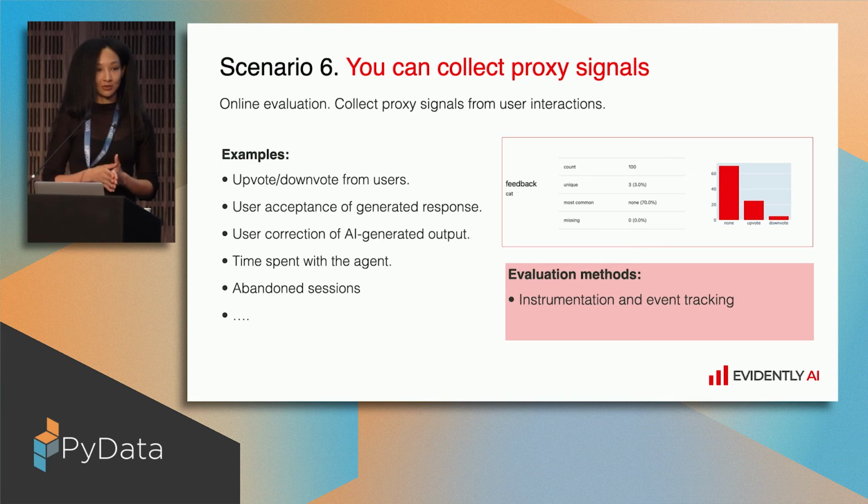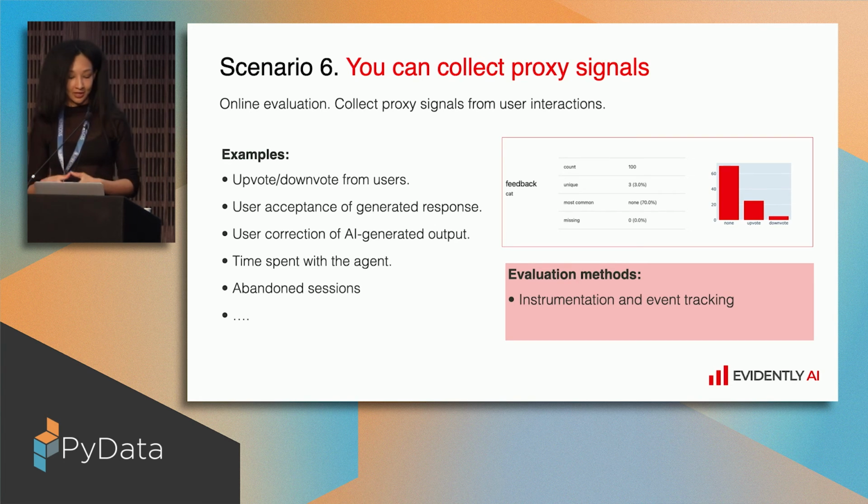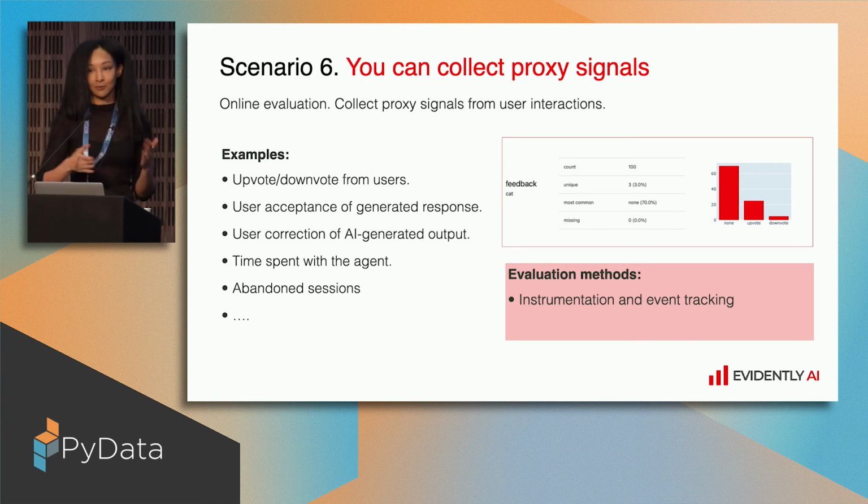Now let's move on to some proxy metrics, because I believe it's also very interesting. Quite often we can have some proxy signals collected in our system, like after the user interacted with your virtual assistant, they can upvote or downvote the response, right? And it's actually also a very nice signal. So you can just calculate the share of upvotes and downvotes and do your measurement based on this.